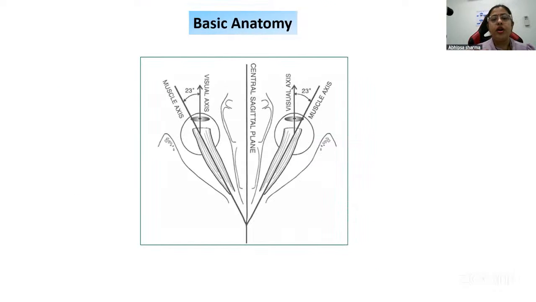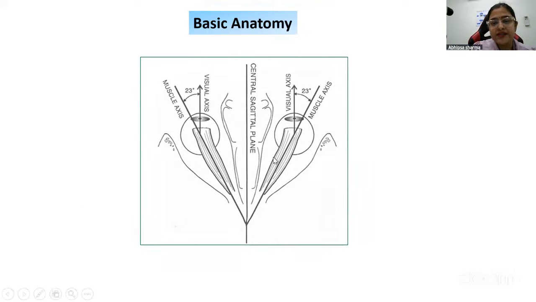So according to this diagram, I just wanted to make you understand how the orbit is aligned along with the visual axis. As you can see, this is the central sagittal plane and this is the superior rectus. This is a view from above, and you are seeing the superior rectus and also the globe.